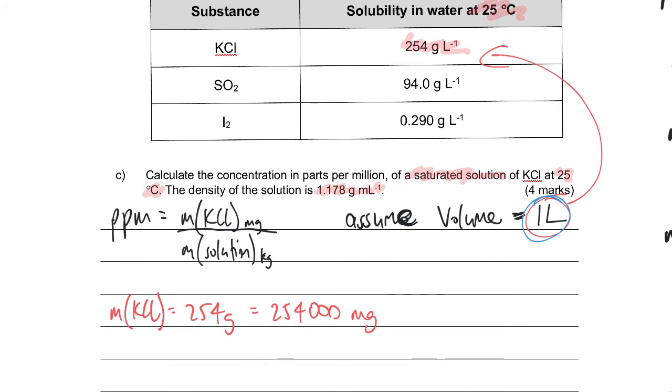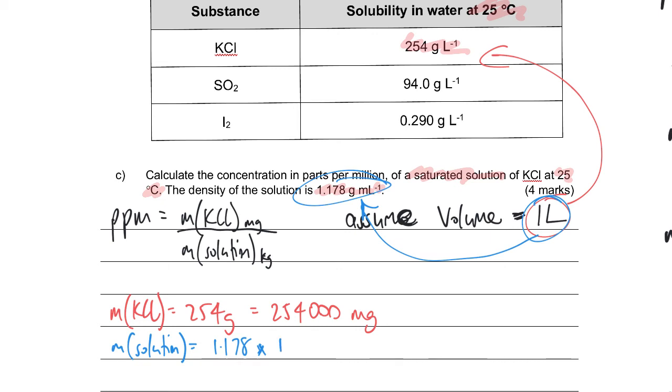Now I've got my volume, and I can also link it with the density. If it's 1.17 grams per mL, I can work out the mass of the solution as density times the volume.